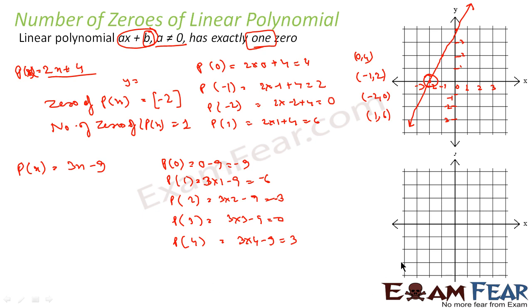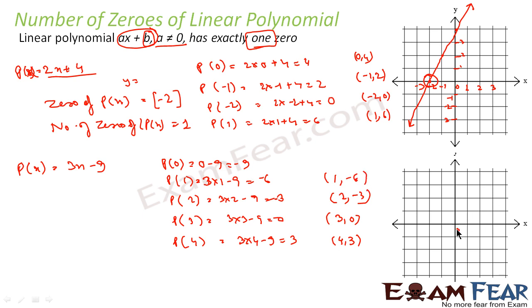Let's plot these values. This is x is 4 because it's P of 4 and y is 3. The value came out to be 3. This is nothing but (3, 0). This value is x is 2 and the value came out to be minus 3. And this is (1, minus 6). This we can ignore also because 4 points are more than enough.